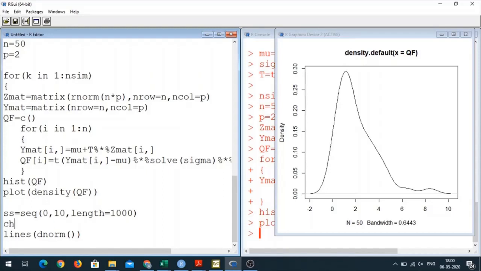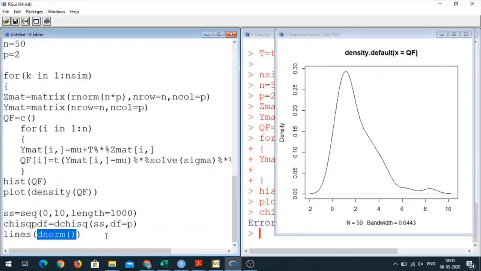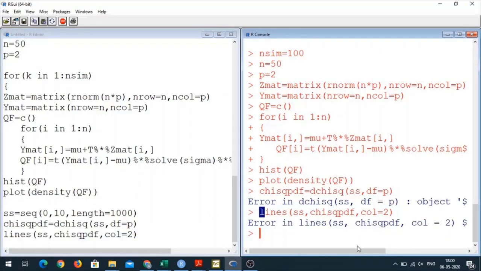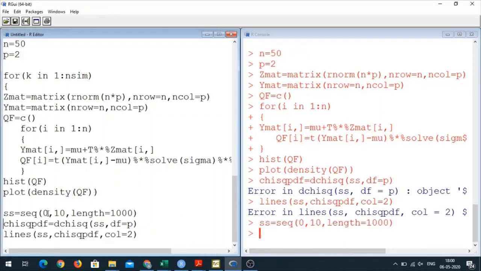So the chi-square PDF will be dchisq at SS with degrees of freedom equal to p. We will plot this, SS along with its PDF, in a different color. I have some error. Oh, SS I did not run. I'm sorry.